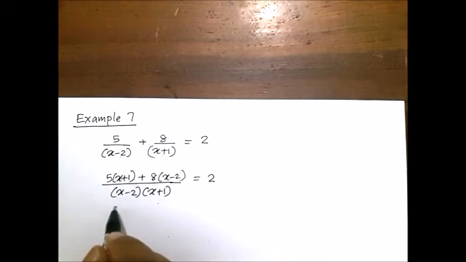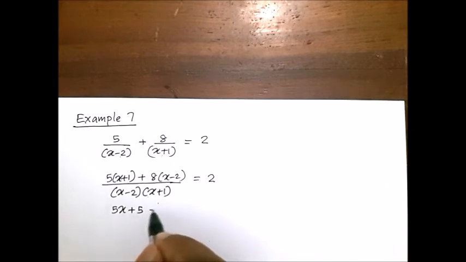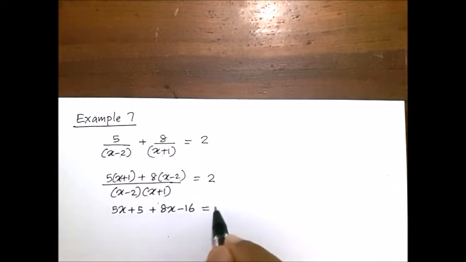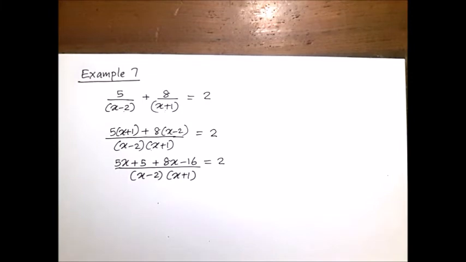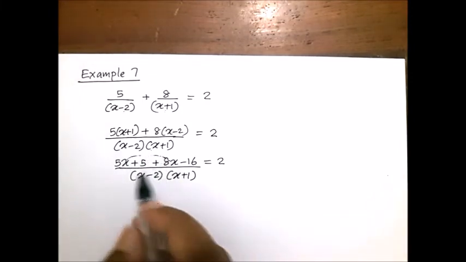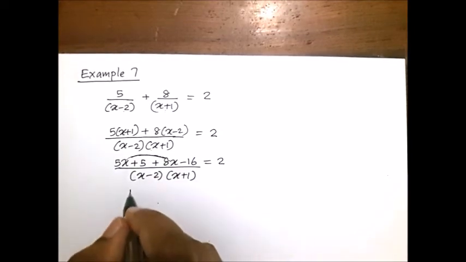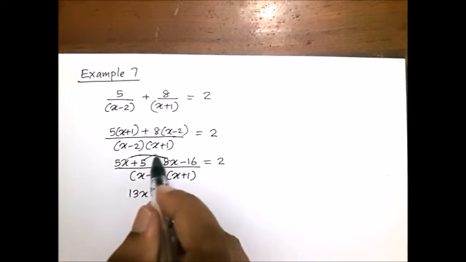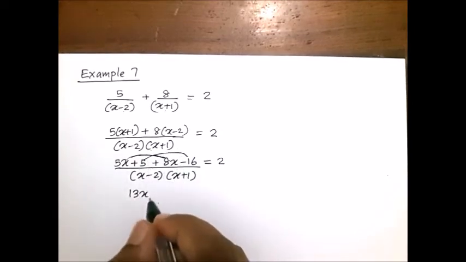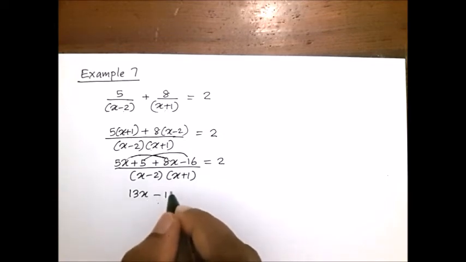Now remove brackets. 5 multiplied by x is 5x, 5 multiplied by 1 is 5, 8 multiplied by x is 8x, 8 multiplied by minus 2 is minus 16. Then simplify these terms. 5x plus 8x is 13x, plus 5 minus 16 is minus 11.